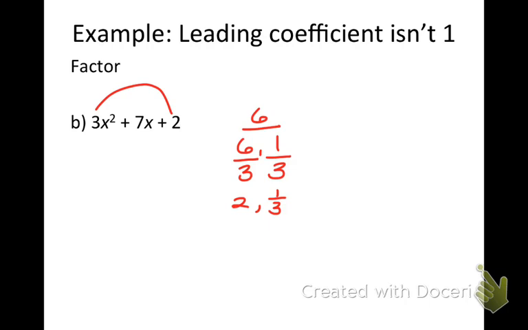So if I just have a 2, that binomial is going to be x plus 2, because technically it is 1x plus 2. What's the 1/3 going to look like as a binomial? 3x plus 1. That is a lot easier.